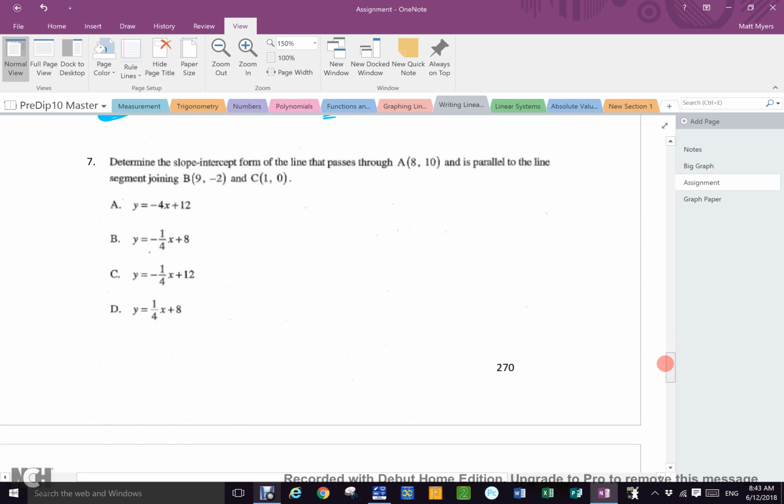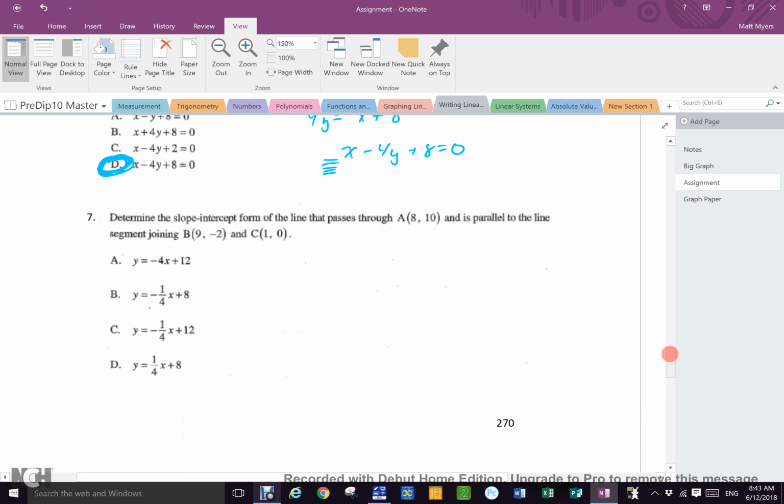And finally, no, not finally, number 7. Oh, so difficult. What do I know? So there is the x and the y that are in my line, correct? That's half of what I need.